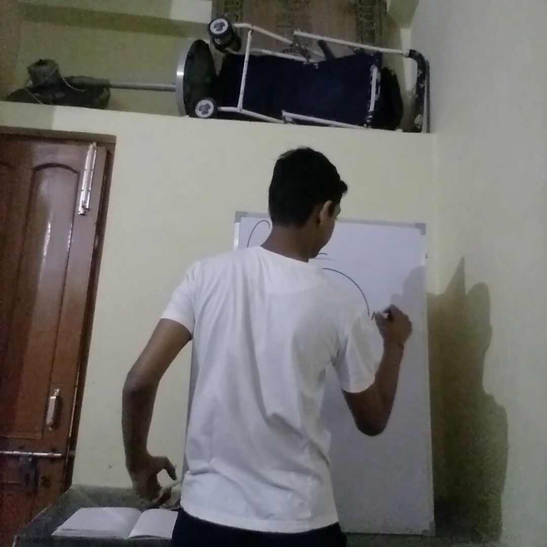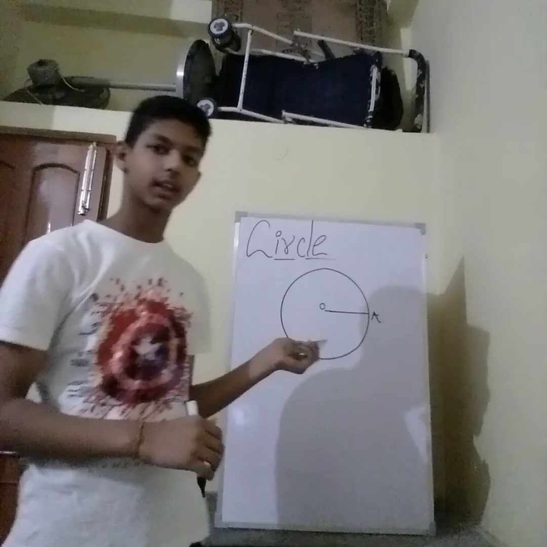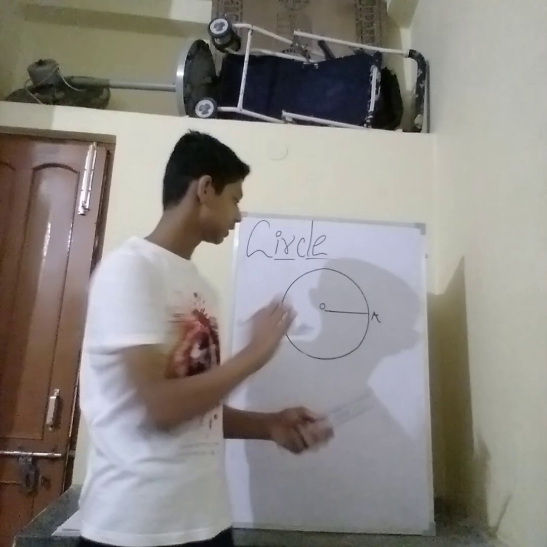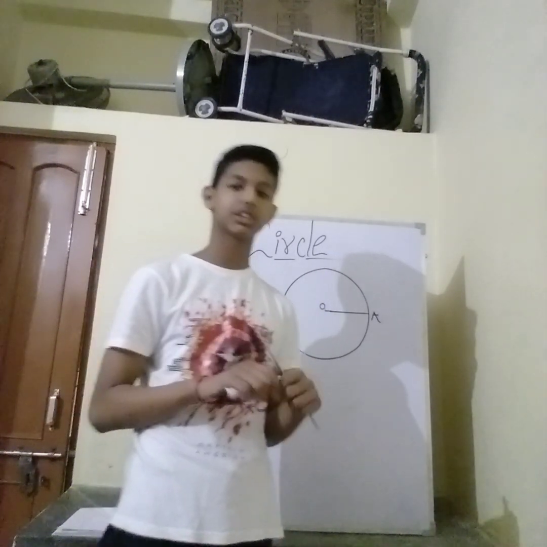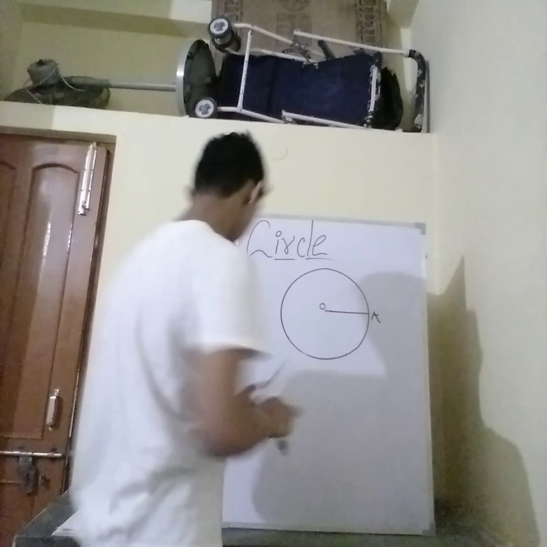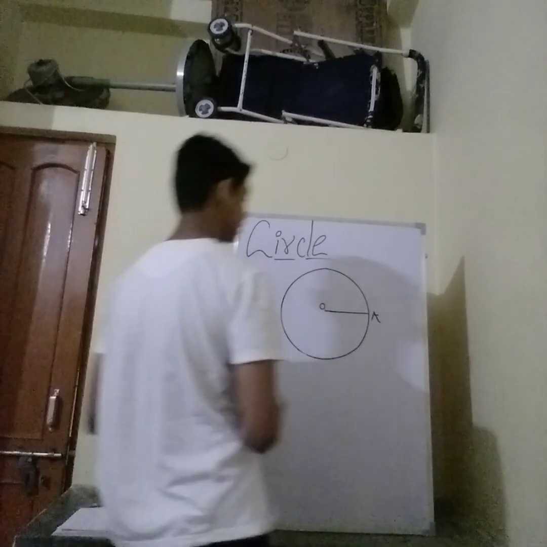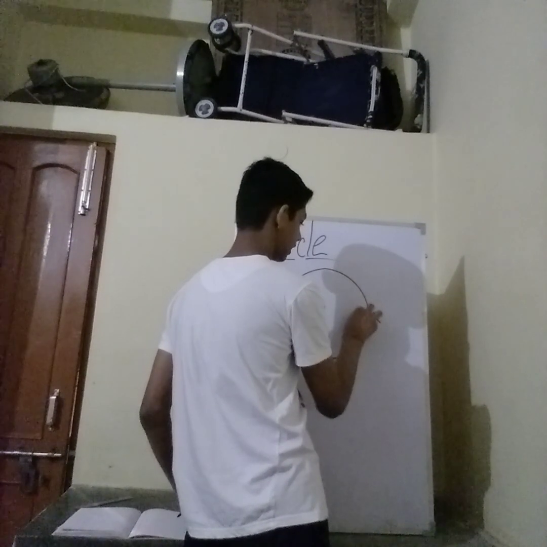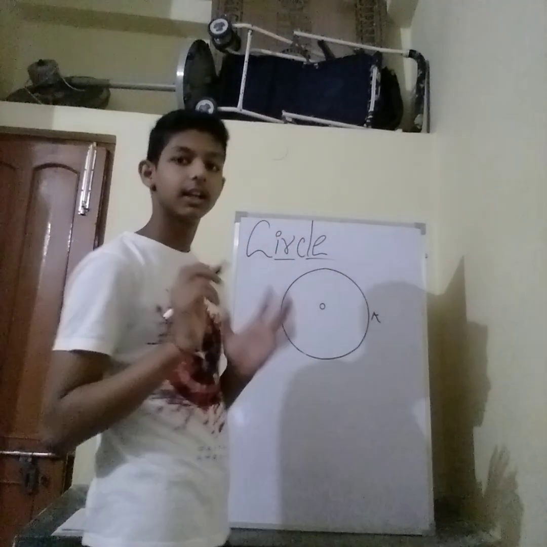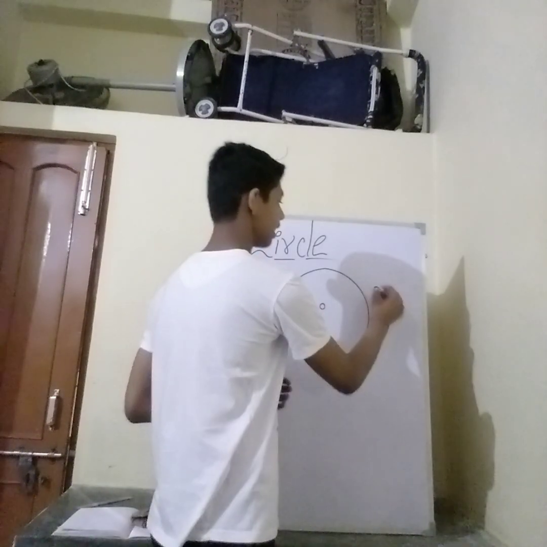This is the radius. The line which joins the center with a point on the circumference of the circle is called the radius. Radius is denoted by R.